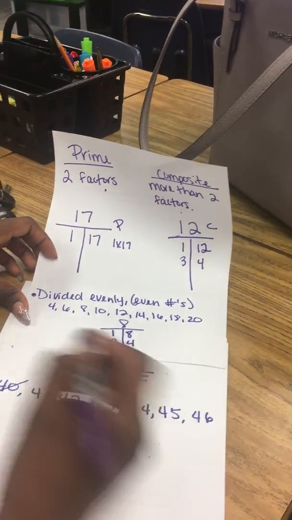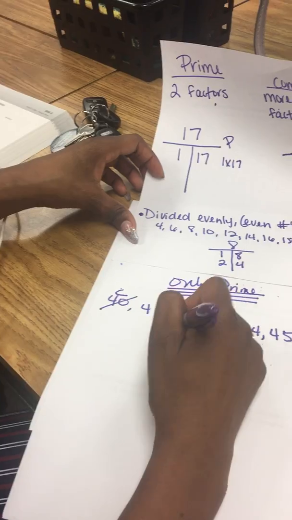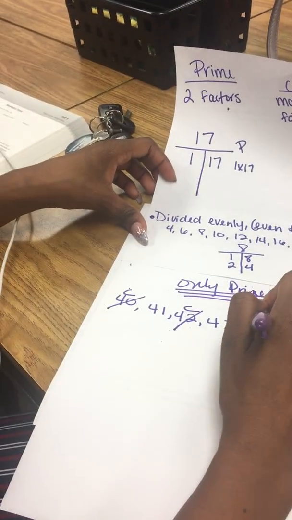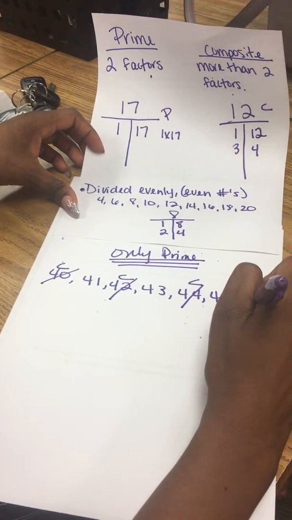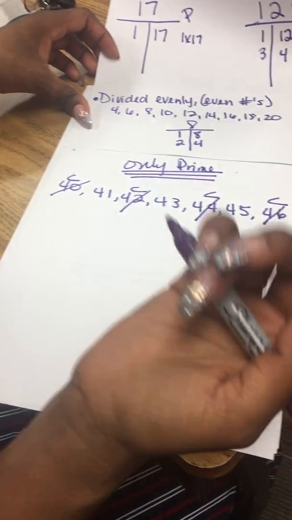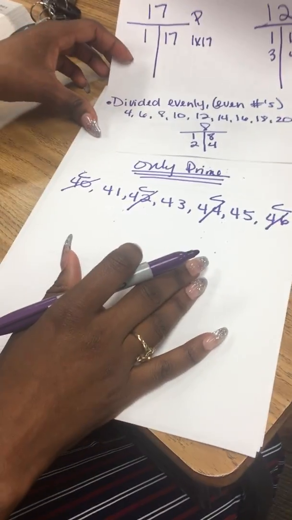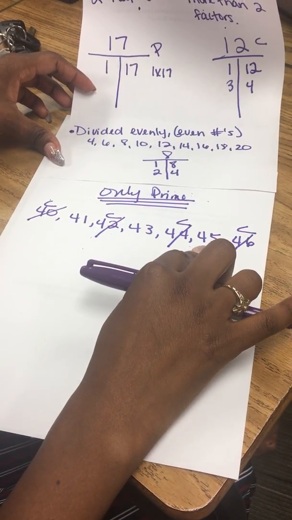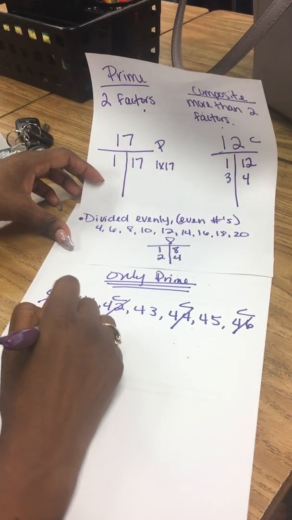40 is even, that's composite. 42 is even, that's composite. 44 is even, that's composite, and 46 is even, that's composite. So it can't be any of those because they're even and composite, okay? Then you're going to go back and look at the remaining numbers, like 45.